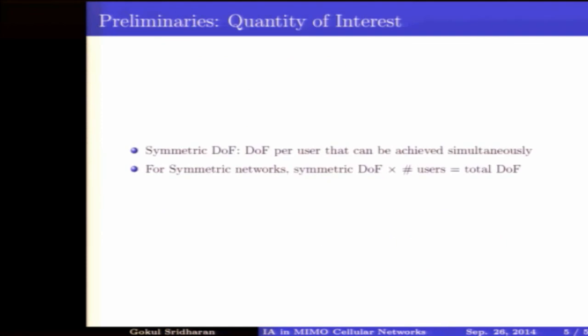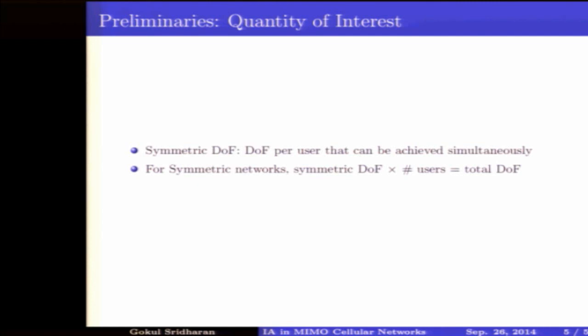So the quantity of interest for this talk is what's known as symmetric degrees of freedom. Remember that we started off with a symmetric network. So the total degrees of freedom for this network is basically the degrees of freedom per user that can be achieved simultaneously. So the degrees of freedom per user that I can support is my symmetric degrees of freedom, and that's my quantity of interest.